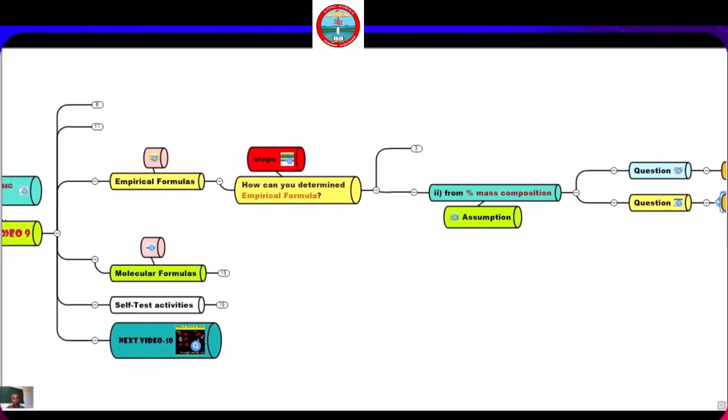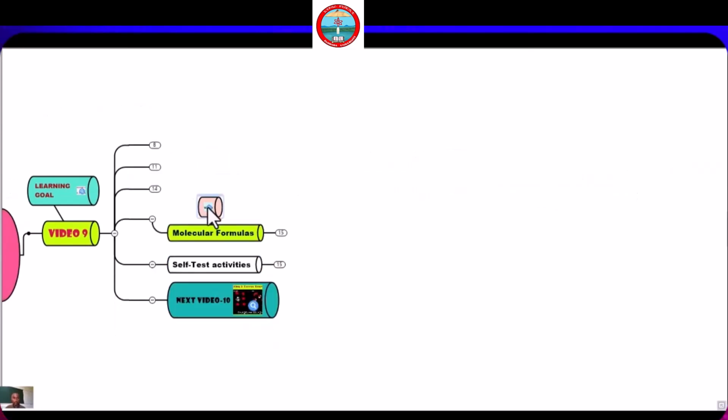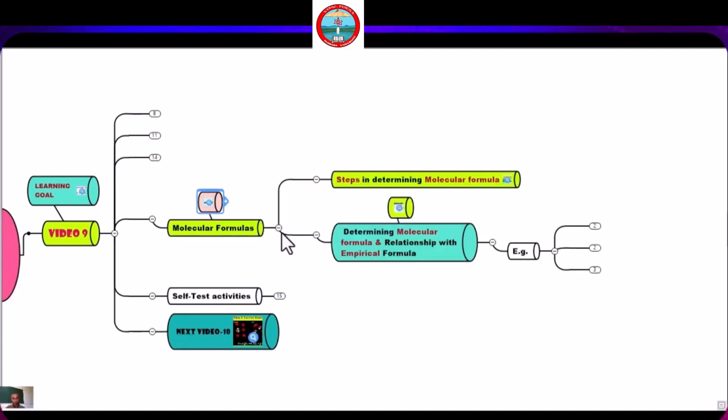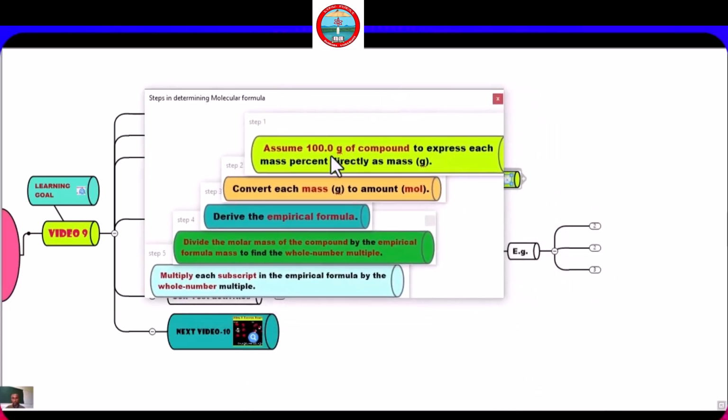This is the way of calculating or determining the empirical formula. Another is determining the molecular formula. As I have told you, the molecular formula represents the actual formula, and we have some steps to determine it. The first step is assume 100 gram of a compound to express each mass of the percentage directly as a mass.